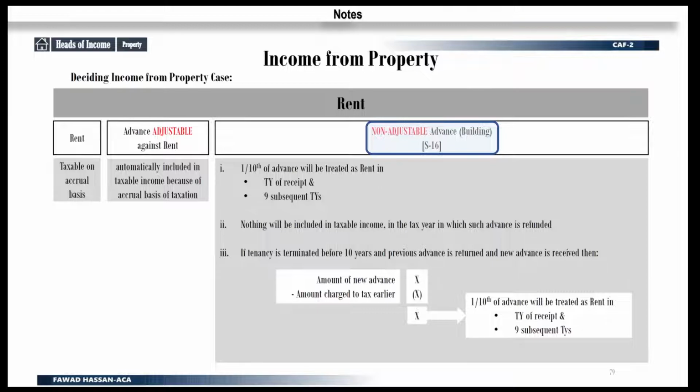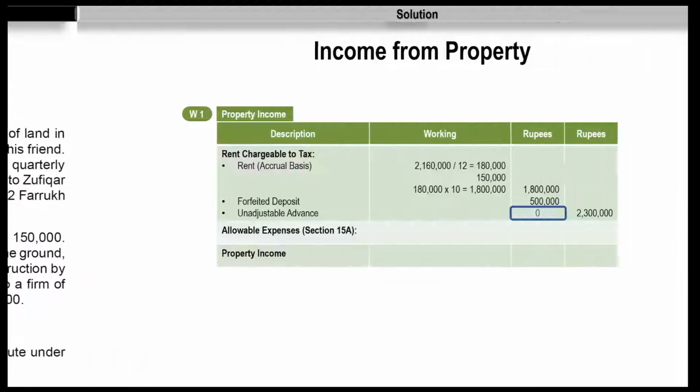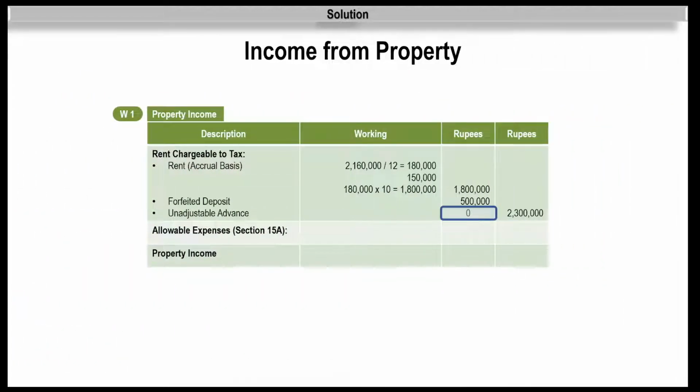Unadjustable advance is included in rent chargeable to tax, but only in case of building. In this question no building is involved, instead a plot of land has been given on rent. So nothing will be included in rent chargeable to tax. Mention it in your solution. 0 will be added. Now make total of rent chargeable to tax. The total comes to rupees 2,300,000.